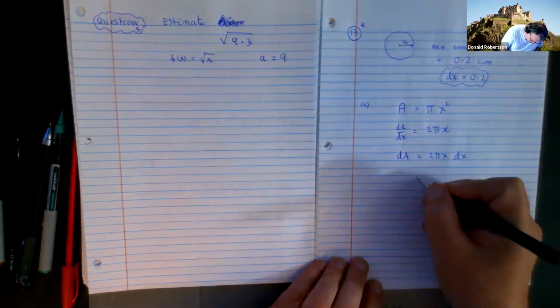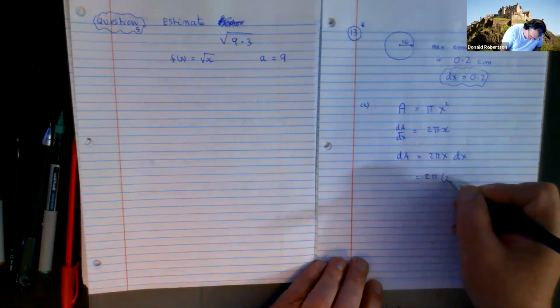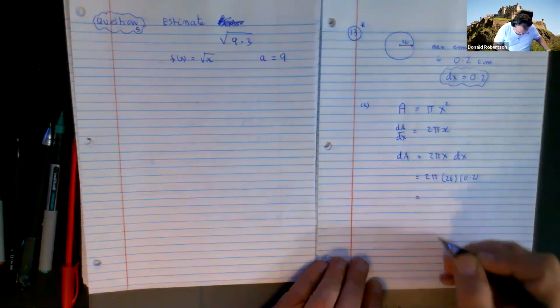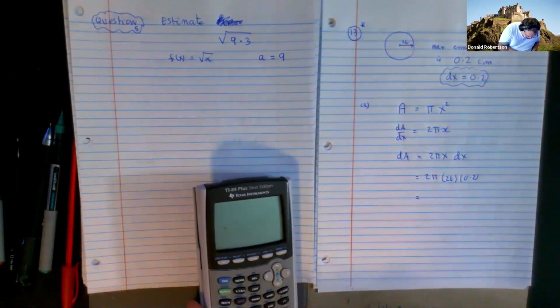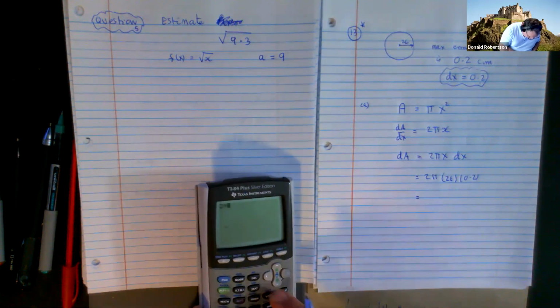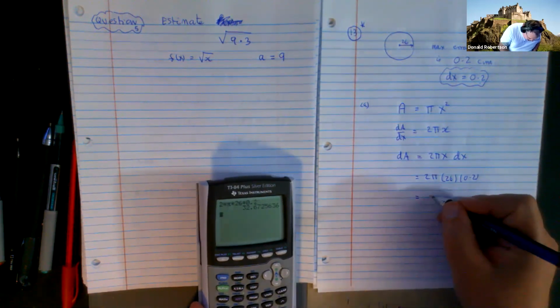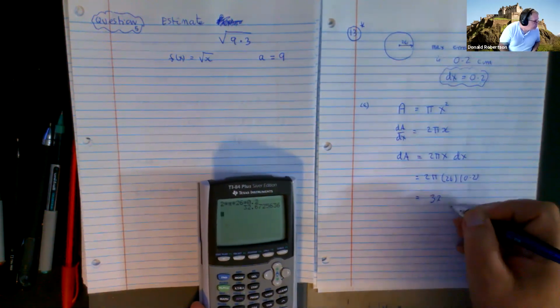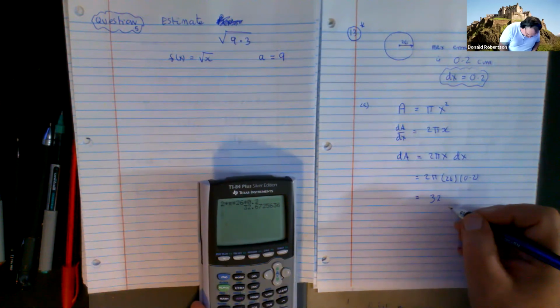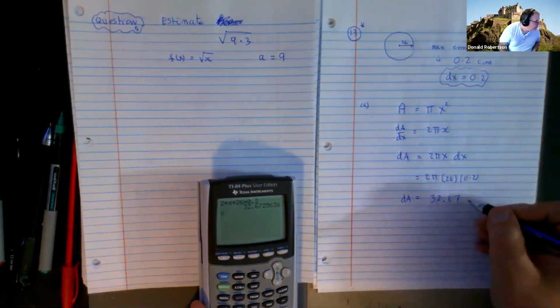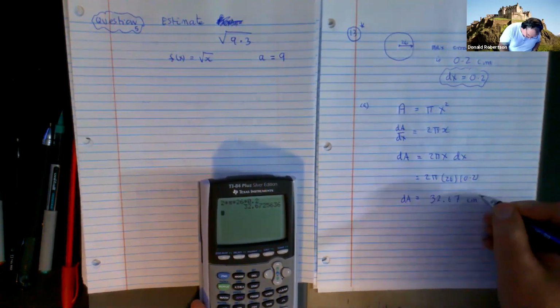This is 2 pi times the x value, 26, times the dx value. Put that together and you get 2 times pi times 26 times 0.2. The answer we get here is 32, and to 2 decimal places, 32.67.